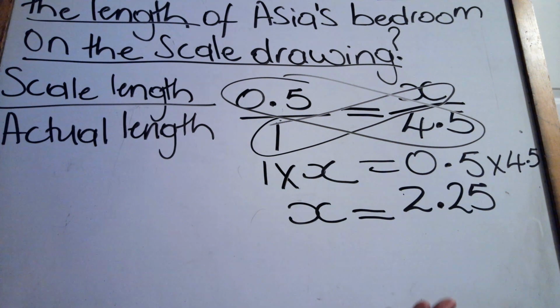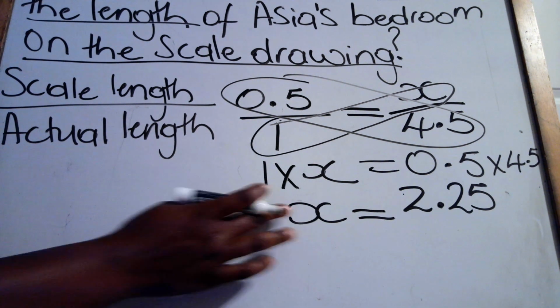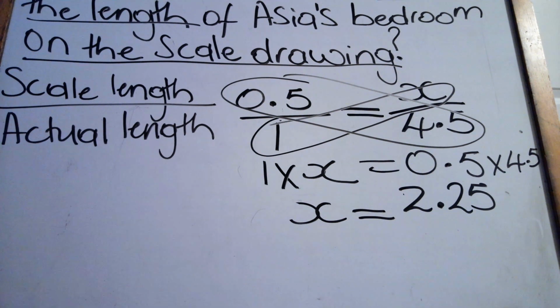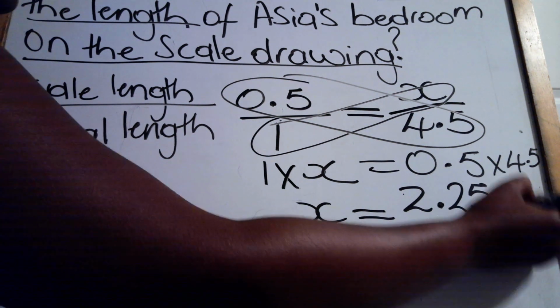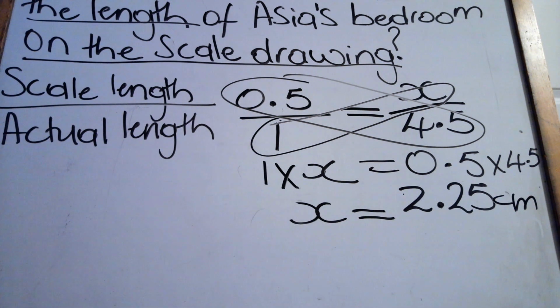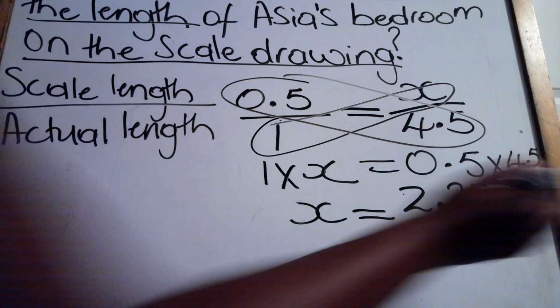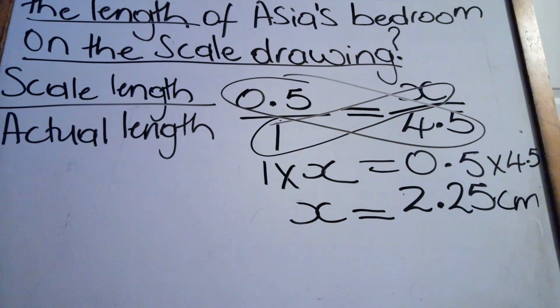For any variable where you don't see a number before it, we know the coefficient is always 1. And the answer is in centimeters. Don't forget to write your units whenever you're solving a question. I hope you got that one correct. So 2.25 centimeters is the answer to that question.